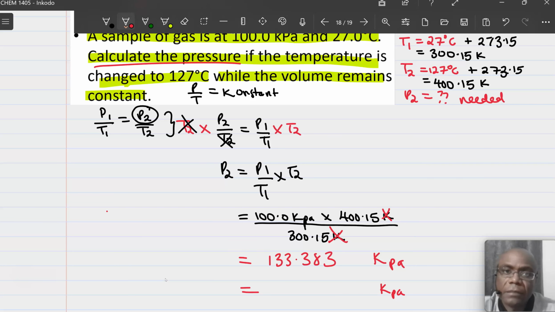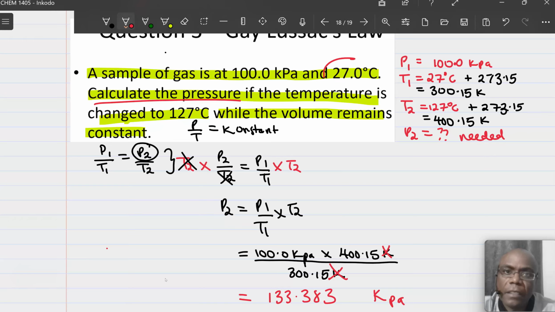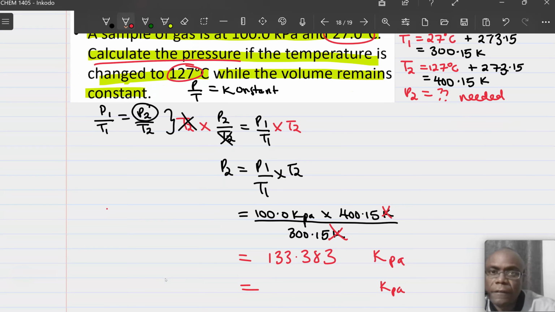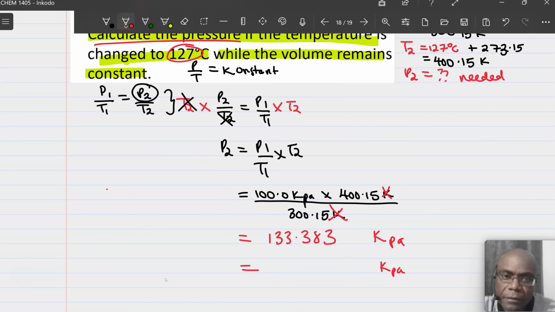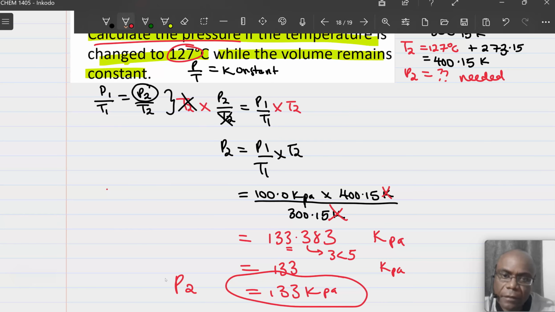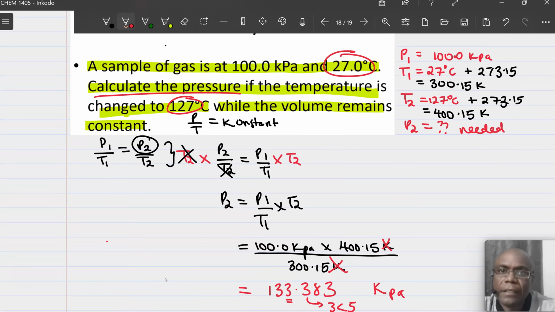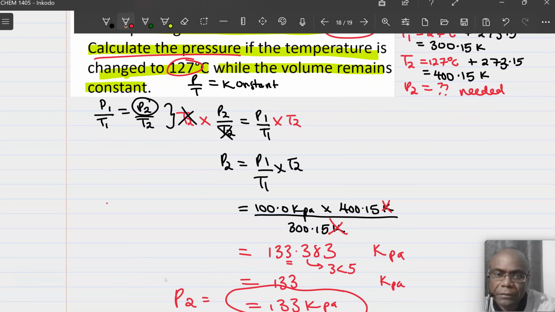kilopascals. Looking at my question, I see that I have 3 significant figures as the least values reported, so 133 would be enough, because the 3 is less than 5. I don't need to round this 3, so the final answer is 133 kilopascals as the after pressure when the temperature is raised to 127.